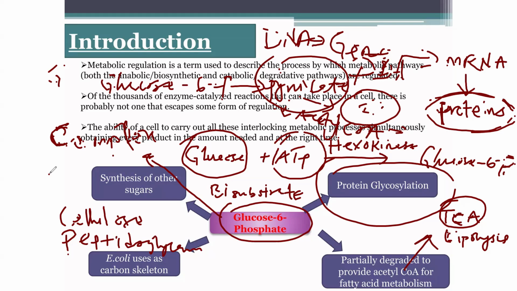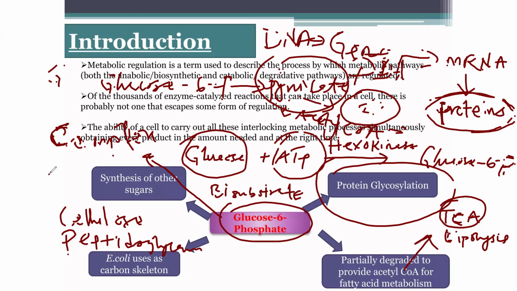So, ladies and gentlemen, this is just a simple example of how glucose phosphate can be utilized in different pathways, but it depends on the body demand, on what the body needs at that time. So that is the essence of metabolic regulation. If there is a need for post-translation modification, then the glucose phosphate will be generated and sent for the post-translation modification.